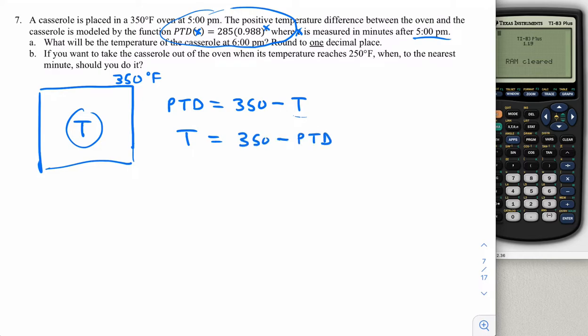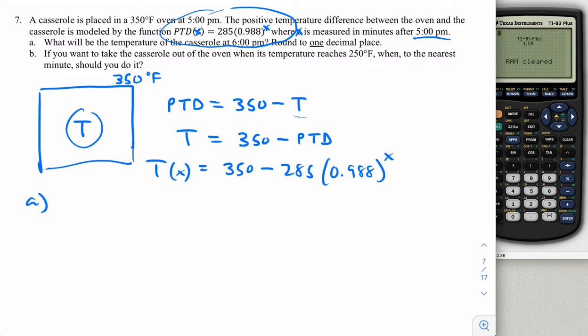And that means at any time x, using my new name for the independent variable, at any time x in minutes, T of x is going to equal 350 minus the positive temperature difference at x, which is 285 times 0.988 raised to the x. So now we have that temperature model, and we can proceed with part A.